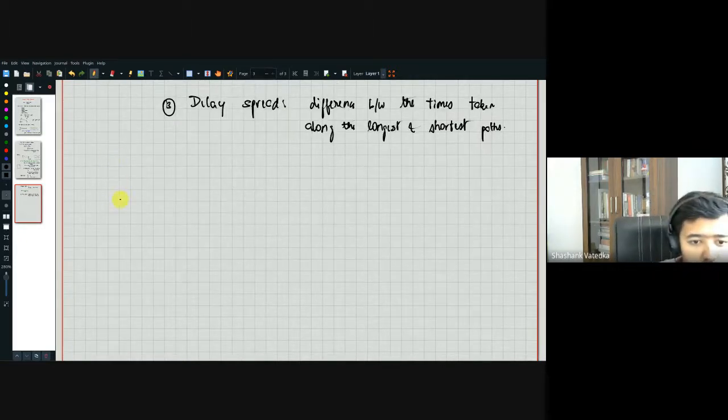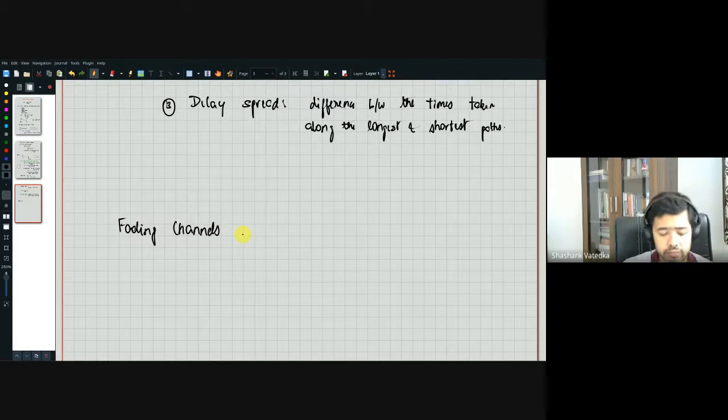So you have various kinds of fading channels, and again there are different ways of characterizing these, but we will characterize these based on just two of the parameters which are generally the most significant. One is the delay spread, the other is the coherence time.